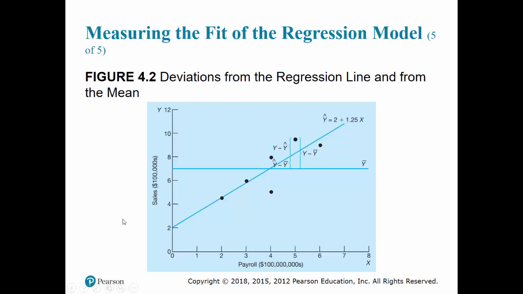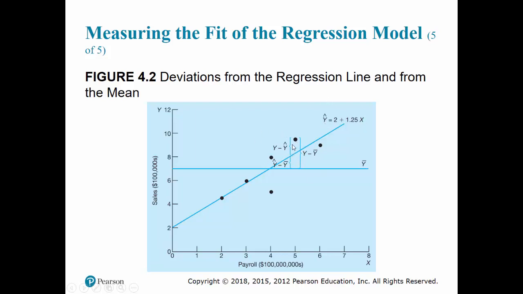Now when you bring in the estimated regression line, y hat equals 2 plus 1.25x, the error has gone down to only that much, y minus y hat. That's the error if you use y hat to estimate your y.